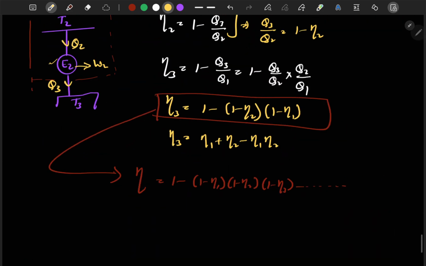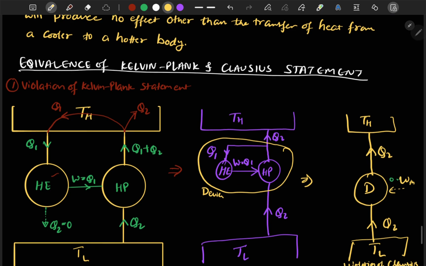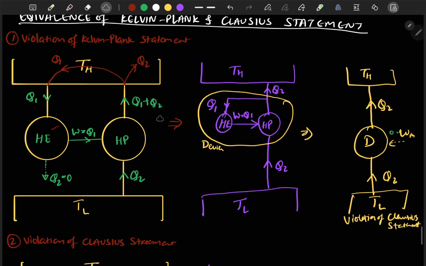Now for verification's sake, let me copy the diagram here first.